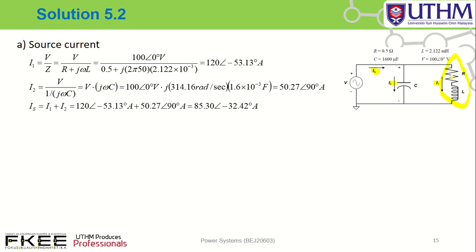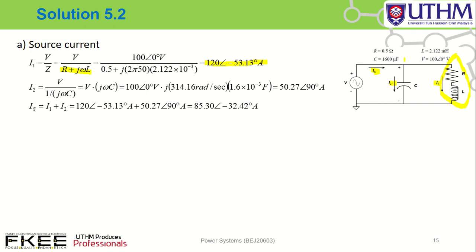Given voltage and impedance, you can determine I1 equal to V divided by Z. This Z is basically a combination of R and XL. So V, 100 angle 0, divided by R plus J omega L. So you can get a current, we call it I1. Then you can determine I2.